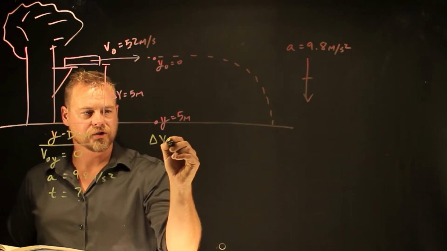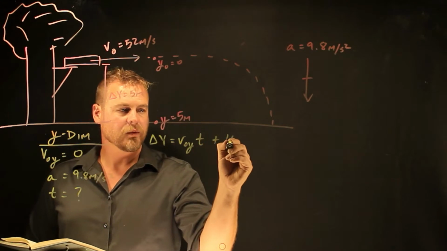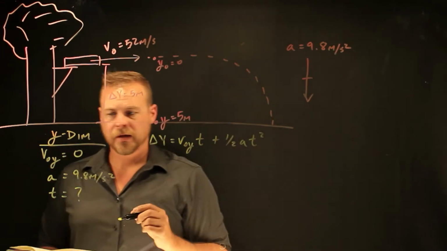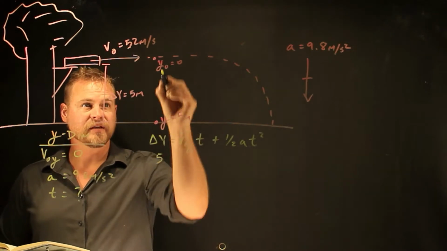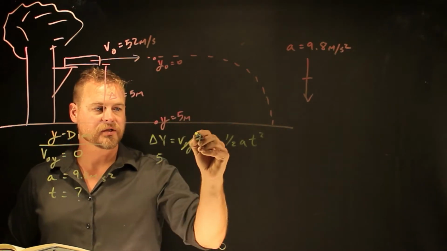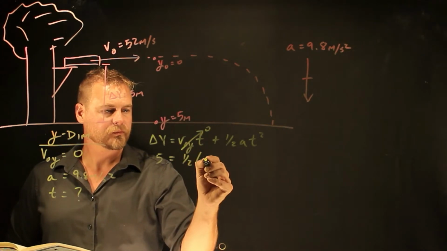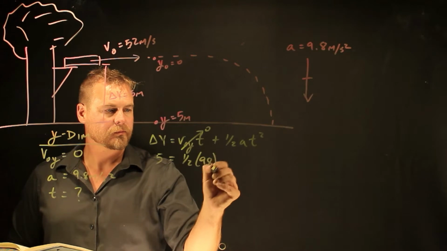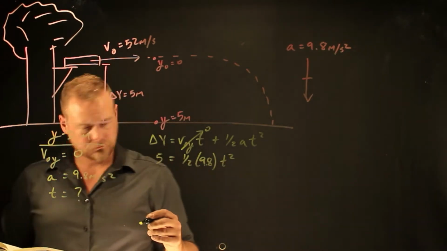I have my change in y is equal to v naught y t plus 1/2 a t squared, where my change in y is positive, my v naught in the y dimension is 0, and so I can solve for t fairly easily.